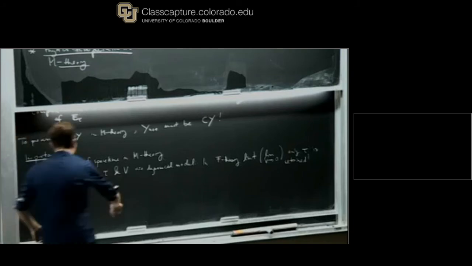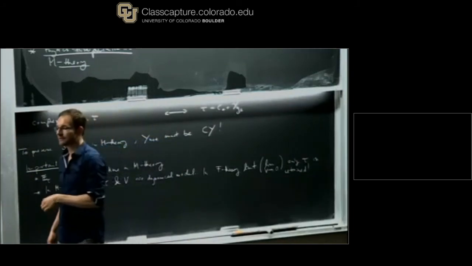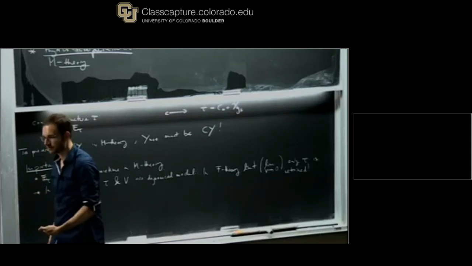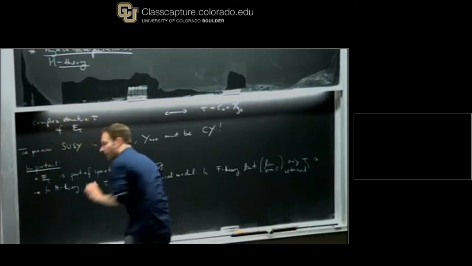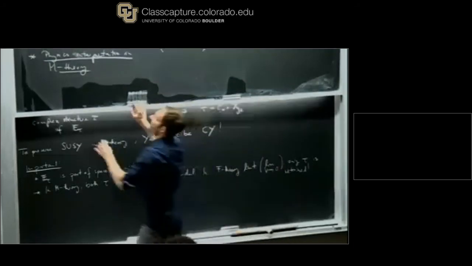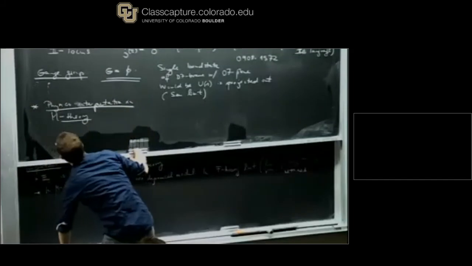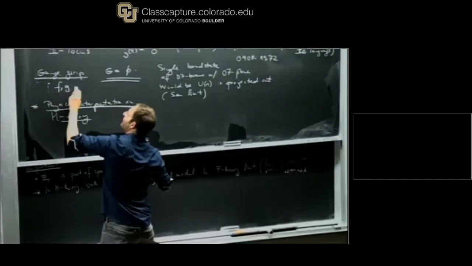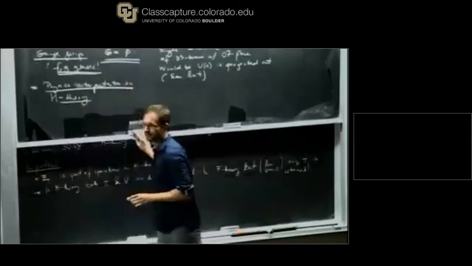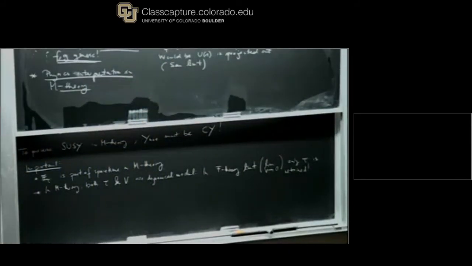I'm only saying that if f and g are generic, then this describes configurations of D branes in which there is no gauge group. So this is all for f and g generic. We'll discuss the non-generic cases next.